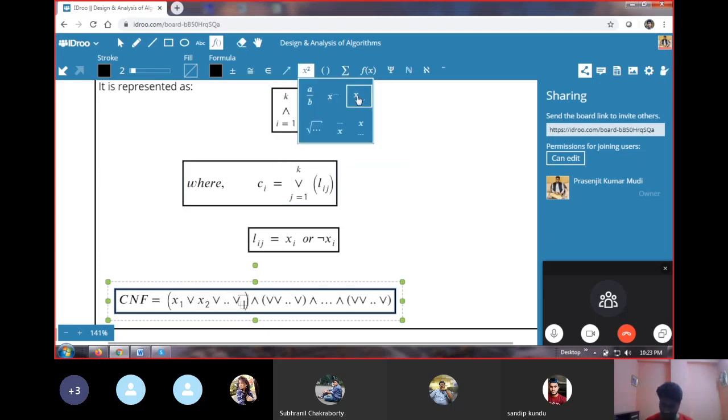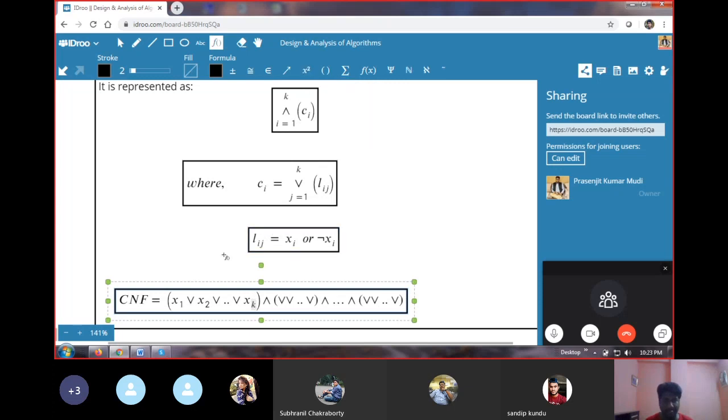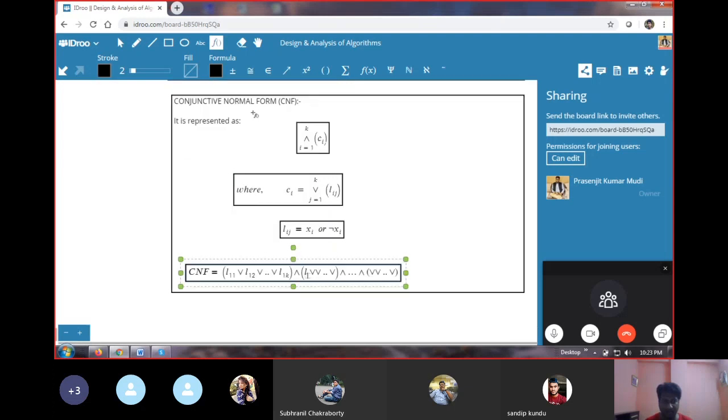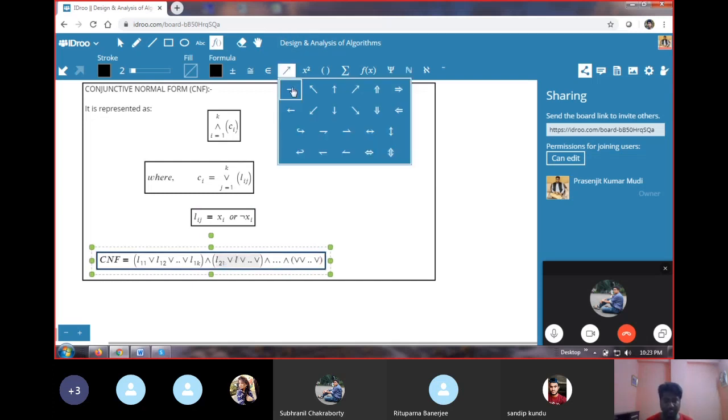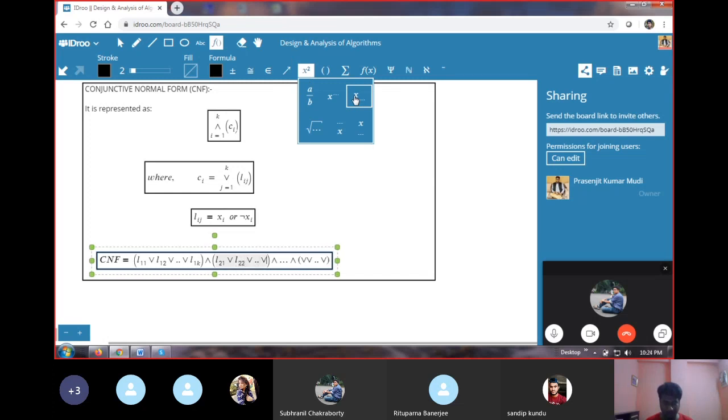Similarly here we may have L, and so on.